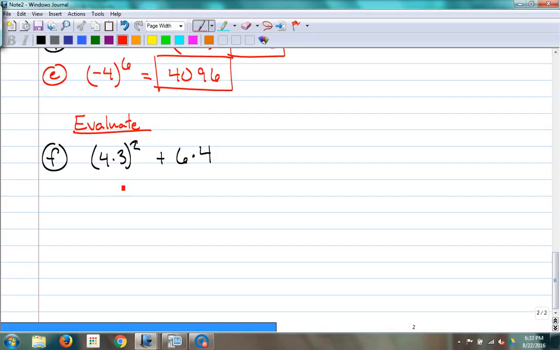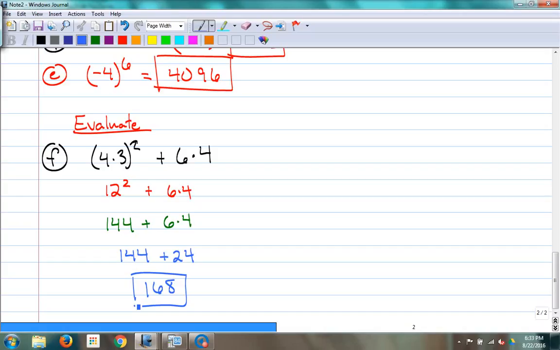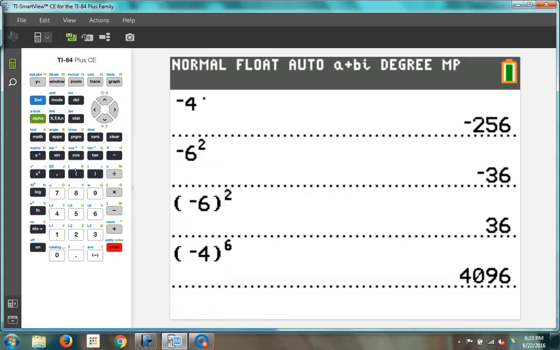So if we took this step by step, this is what it would look like. 144. And then that turns into 144 plus 24, which would be 168. Is that right? The good thing is with the graphing calculator, you could type that straight in just like it is.